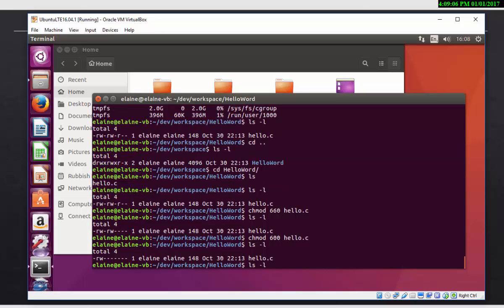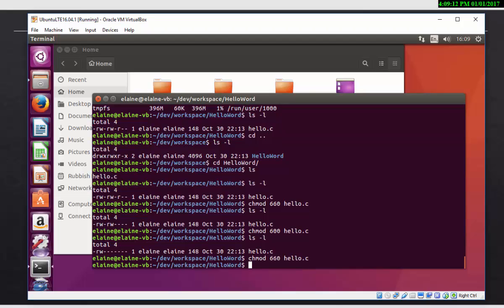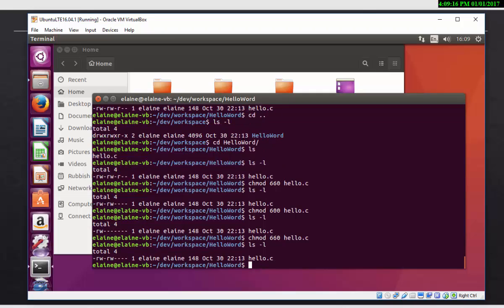So you can use binary quite easily, and I'll put 660 back, and you will see that's how you can set the permissions using binary. So very useful little tool there.